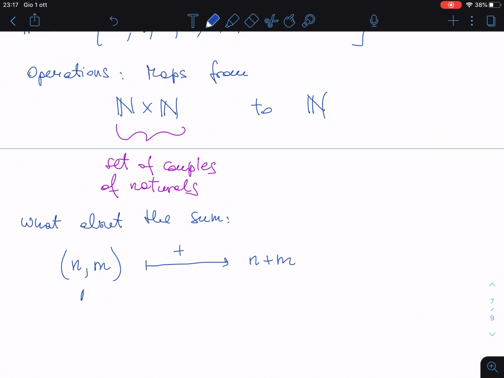So (n, m) is an element of N cross N by definition. Then I will talk a bit about this cross. It is not very important, but now just consider the fact that this is a symbol for all the couples of natural numbers. This is the input of our map, and the output is n plus m, which is an element of the naturals. So the sum is an operation on naturals, which means that it is a map that associates to every couple of natural numbers one and only one natural number. Okay?